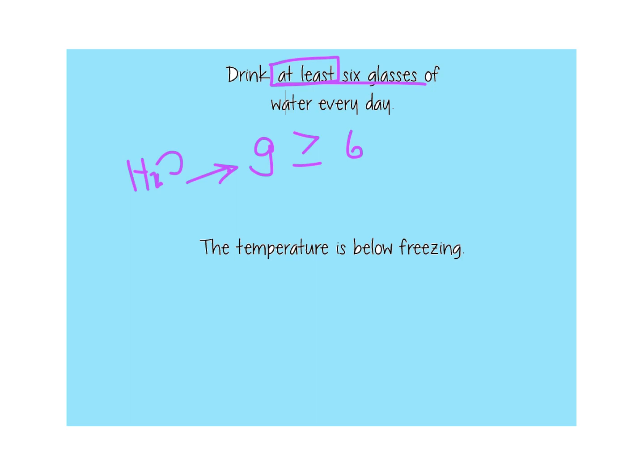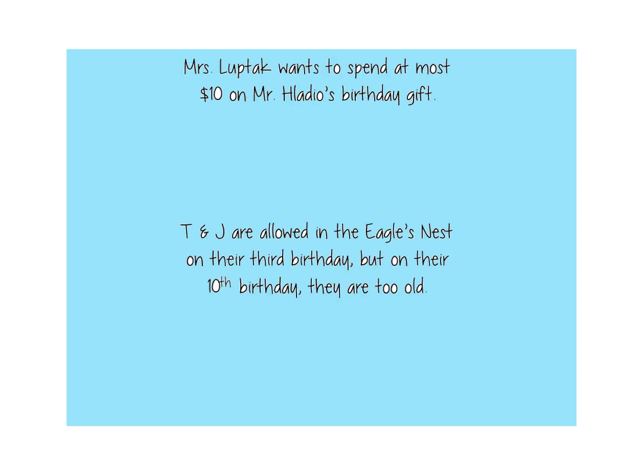If we talk about the temperature being below freezing, in this next example, T for temperature, freezing should be 32 degrees, and the temperature is below that. That means this number here is less than that 32, right? Below freezing means we're going to be under that 32. In the example where I want to spend at most $10 on Mr. Haladio's birthday gift, let's use B for birthday gift, and I'm going to compare that to the 10.